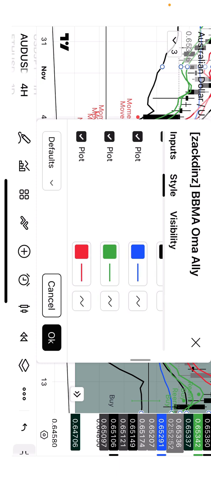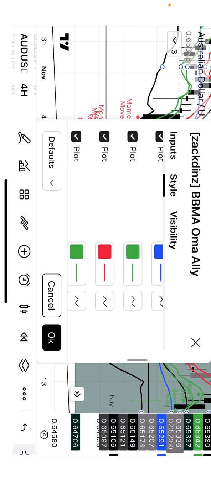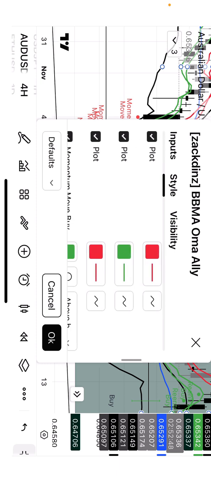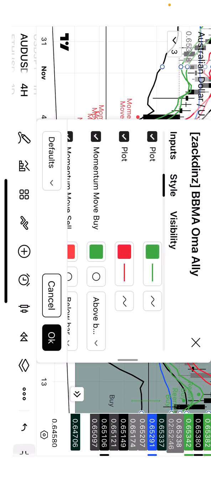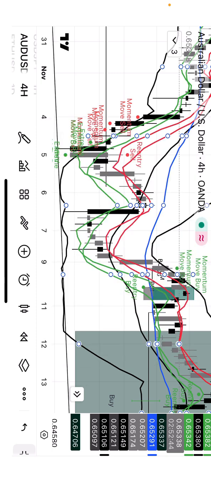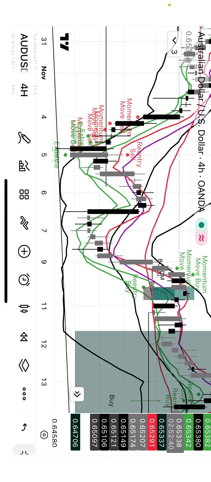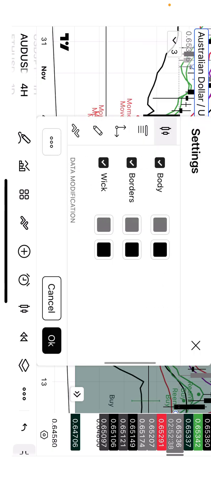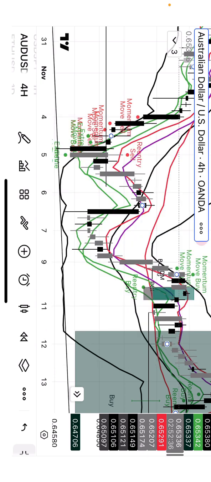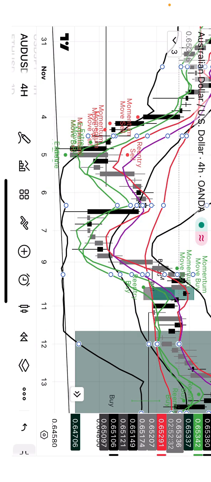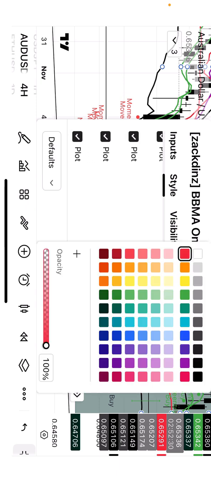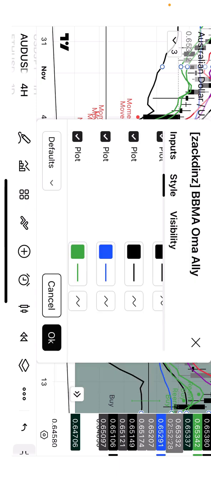The blue before the green, red, green, red. Okay, this one is supposed to be blue.